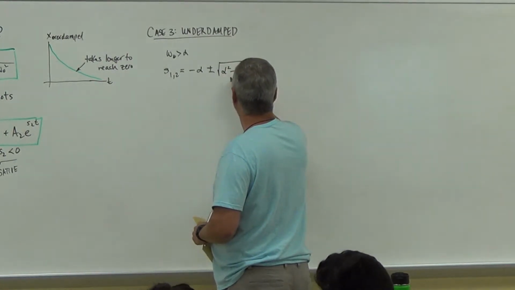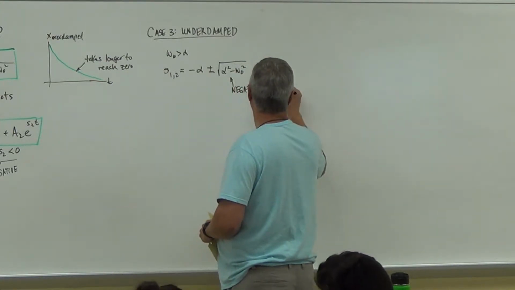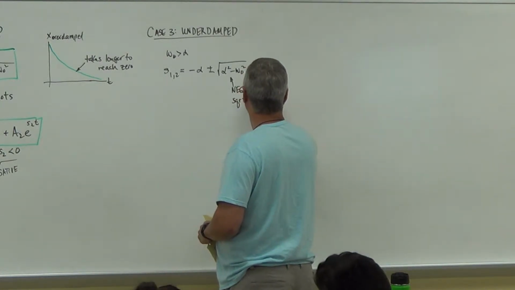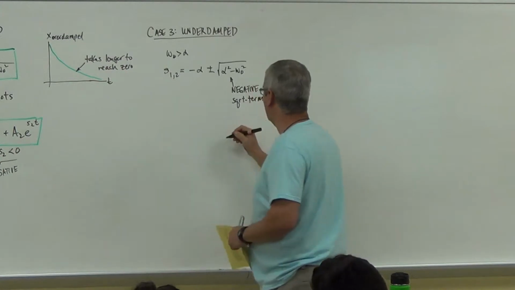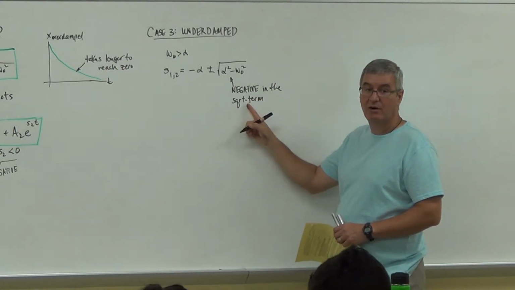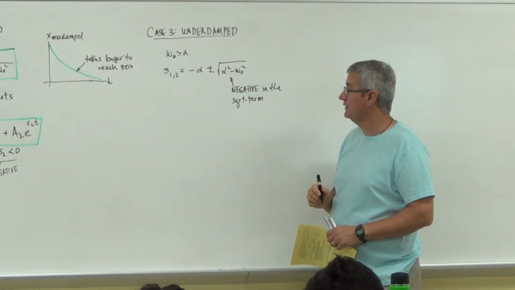So this implies I get a negative sign in the square root term. I abbreviated square root as SQ RT.